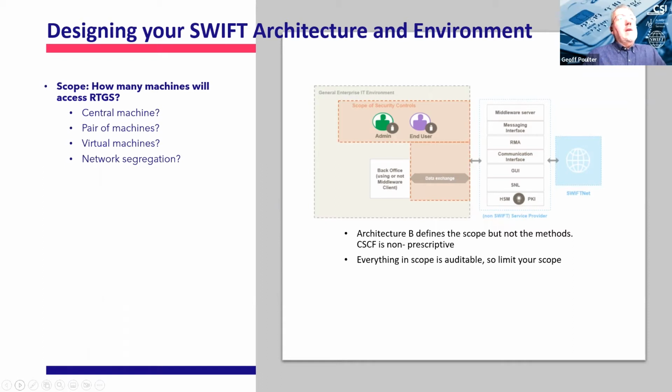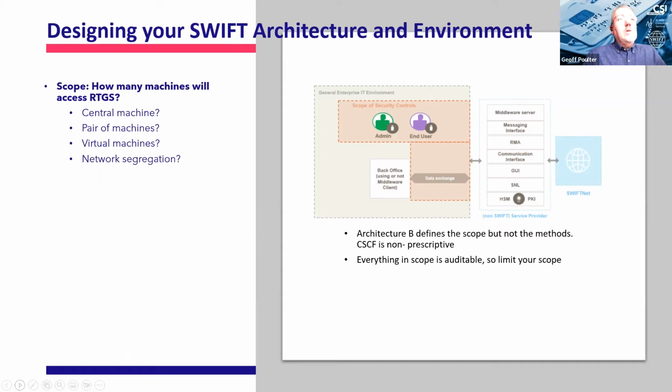Other organisations have taken it slightly further and had a pair of machines for resiliency, and others have gone to say, well, no, we're going to have all of our finance team do it, and therefore they're going to do it from all of their machines. Again, the point I want to make is that the greater the access that you provide, more and more items come into scope, and you really need to be able to segregate.